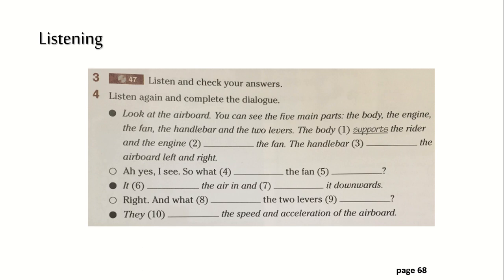The second objective for today is to listen for details. Okay, so I leave you 1 minute to read the whole thing here, and we have 10 spaces. We need to put the right words here. Number 1 is done for you. The body supports the rider. You have 1 minute to read.